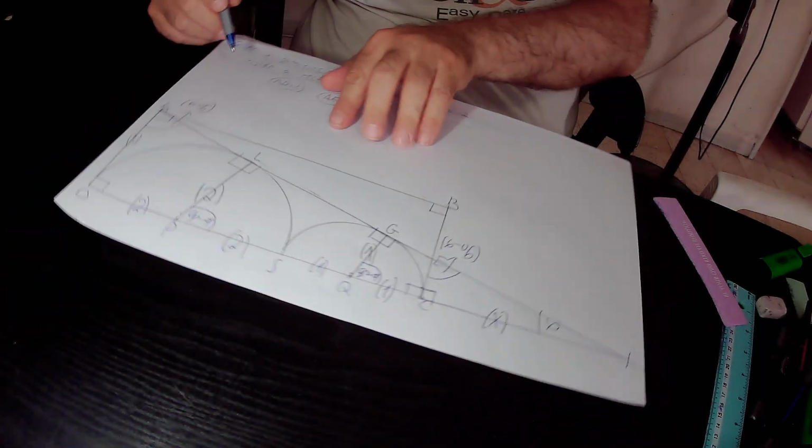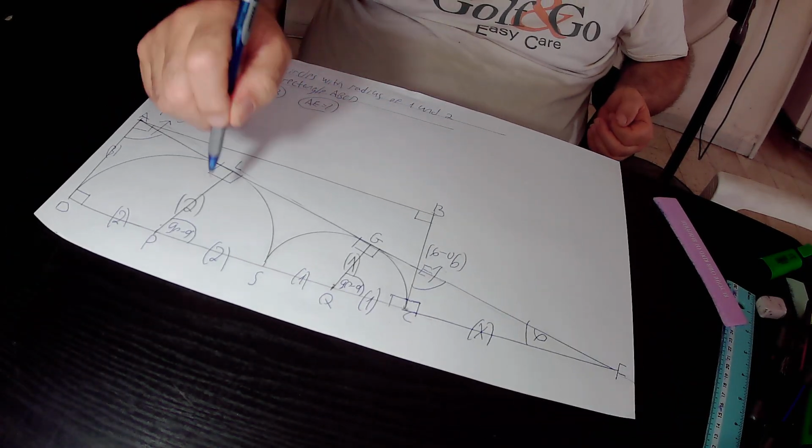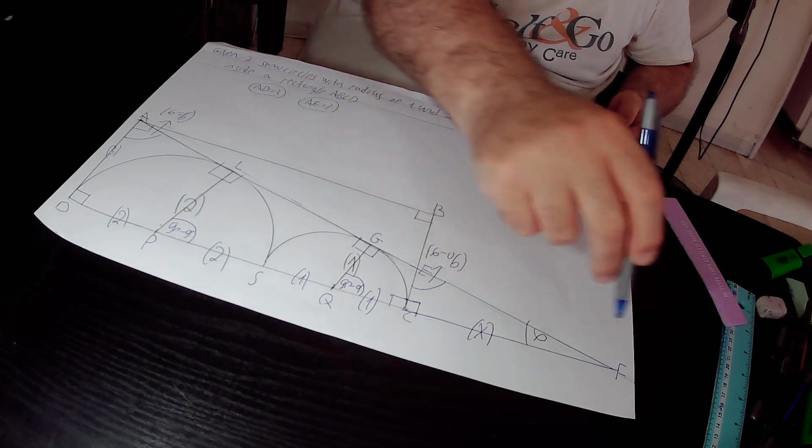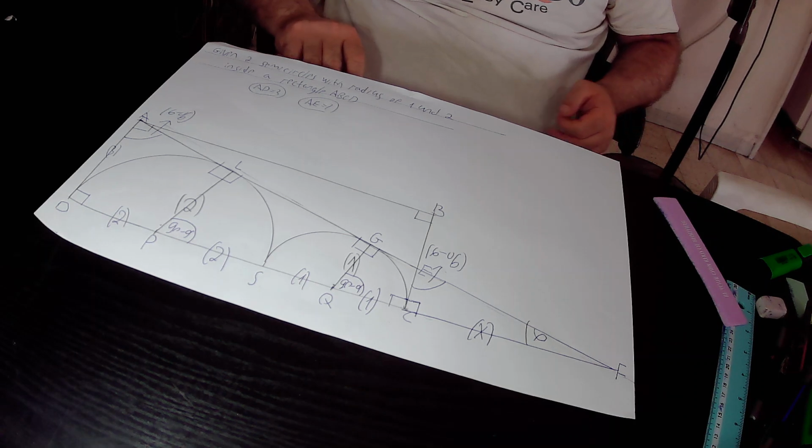In the next step, we prove that the big right triangle LPF is similar to this small right triangle GQF. So write it down.